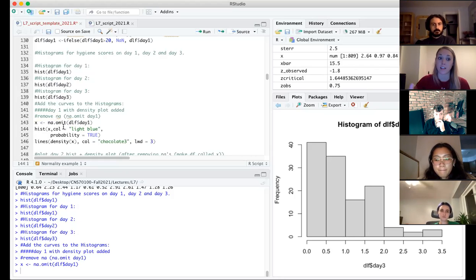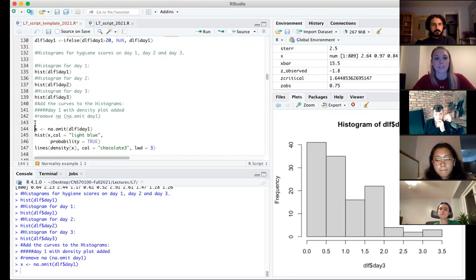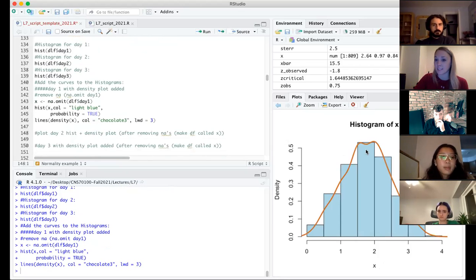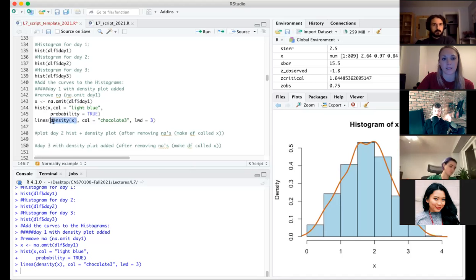You're right, the histogram will ignore it, but the thing that won't ignore it is this density function. Whenever I want to plot the line over top of it, this density line to have the nice distribution line, it won't do this density function with an NaN in it.